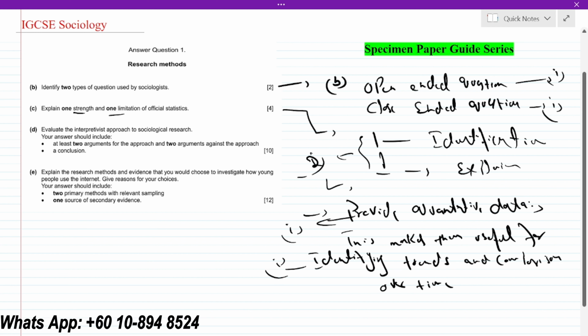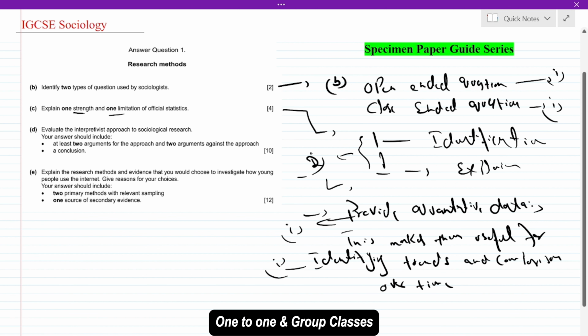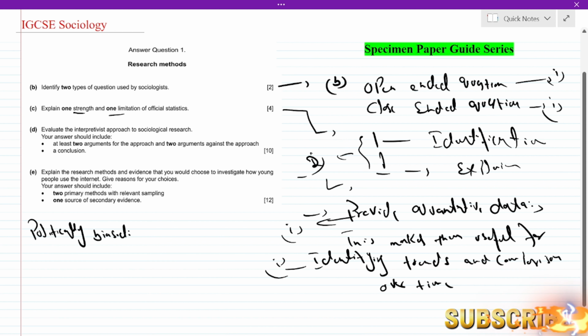Now move on to the limitation that you can write. You can say that it could be politically biased. So governments might present the data in a way that favors their policies. Right.